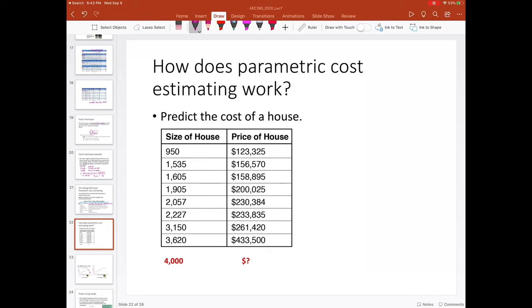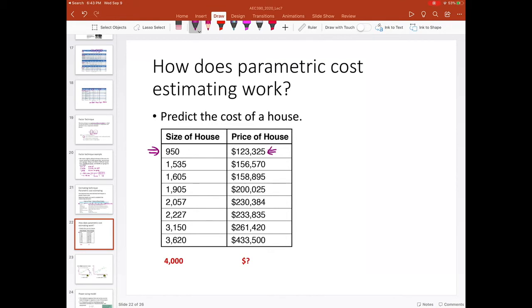So we have collected all the data for different types of houses. So if the size is 950 square feet, then the price is 123,325.